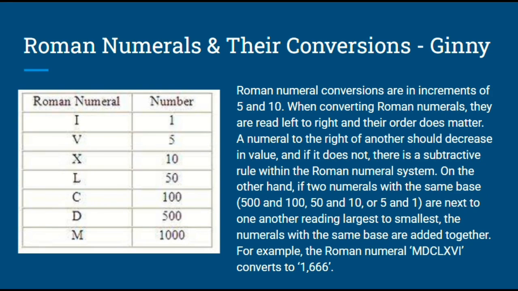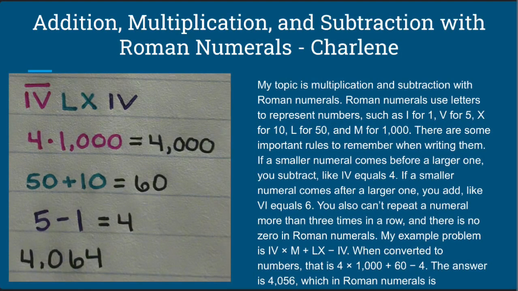On the other hand, if 2 numerals with the same base, 500 and 100, 50 and 10, or 5 and 1 are next to one another when reading largest to smallest, the numerals with the same base are added together. For example, the Roman numeral MDCLXVI converts to 1666 because D plus C, L plus X, and V plus I.